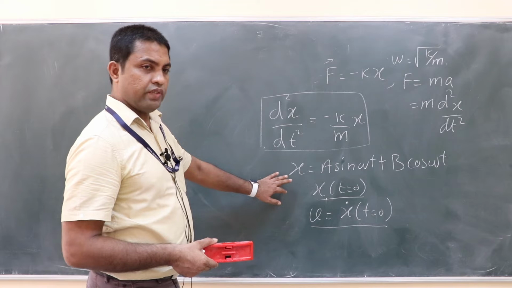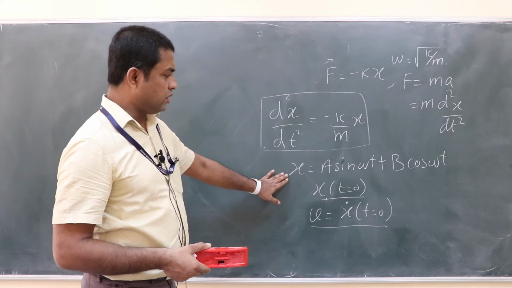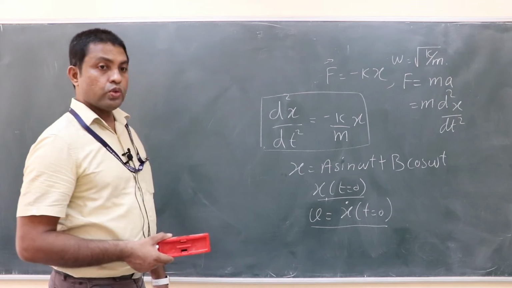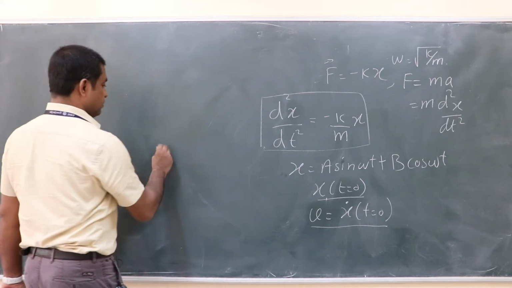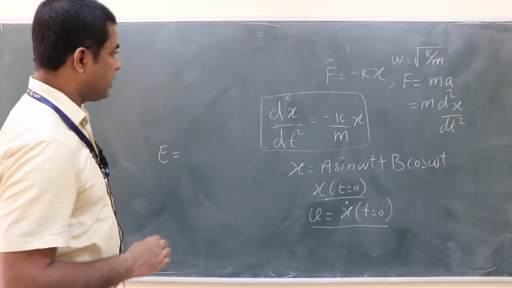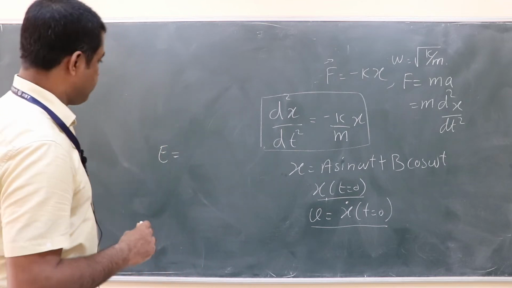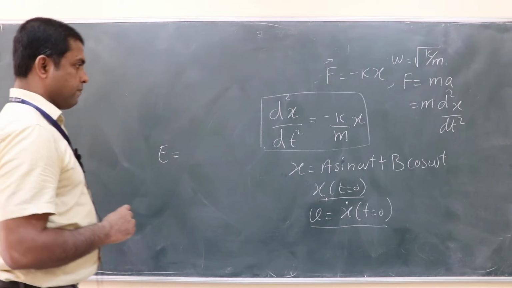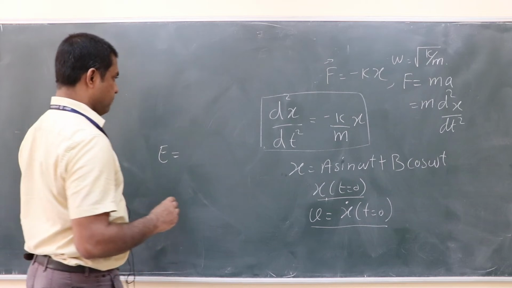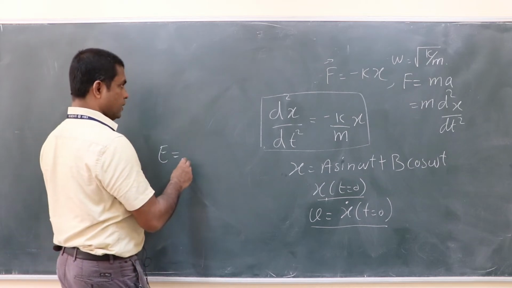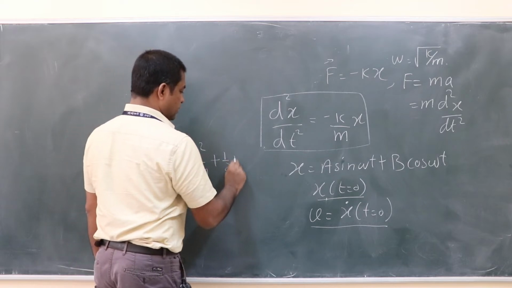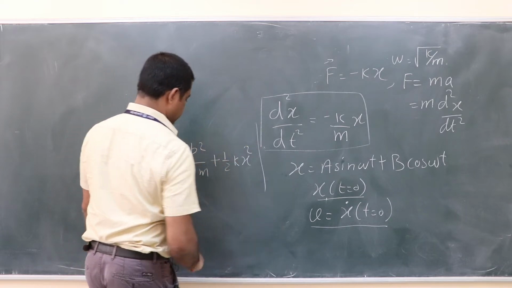What will be the velocity? Velocity will be x dot, that is, take the derivative of this with respect to time. So what is the energy equal to? Energy is m x dot square by 2 plus half k x square, so basically p square by 2m plus half kx square, right?